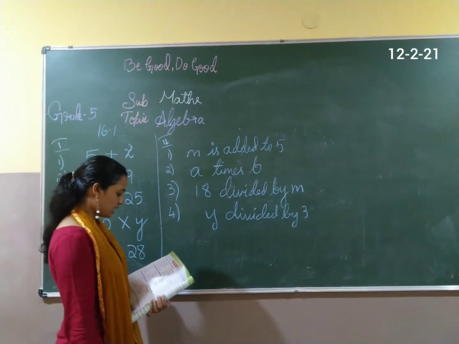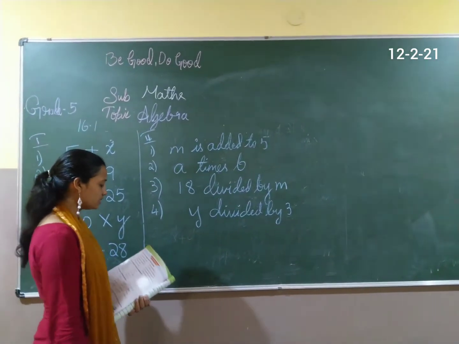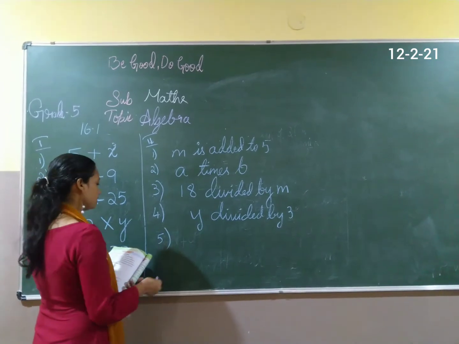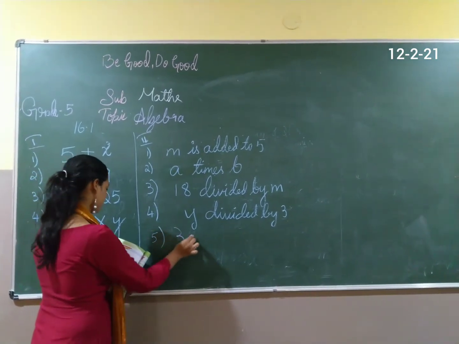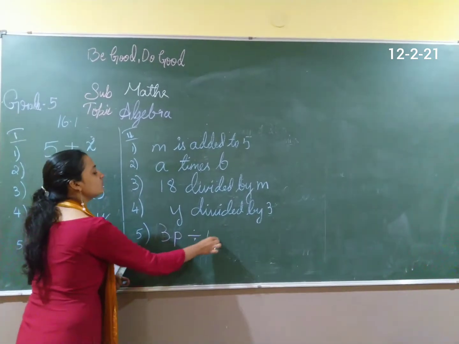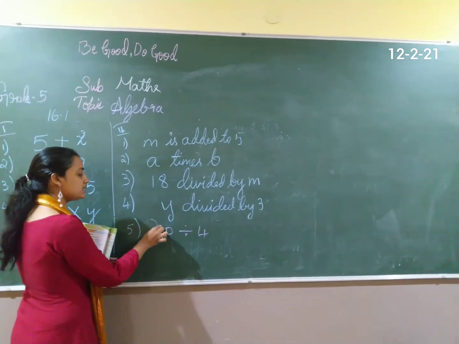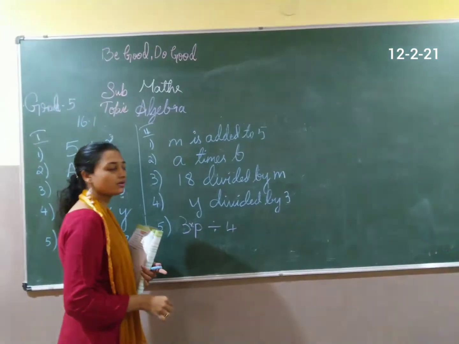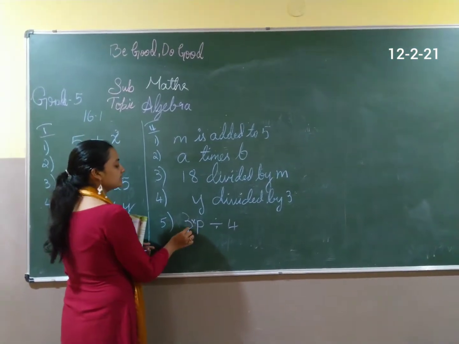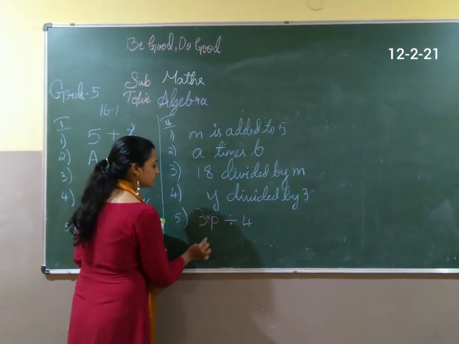So you will see what you have. 3p divided by 4. So p has a number with it. That means it is getting multiplied here. First you will write 3 times p.